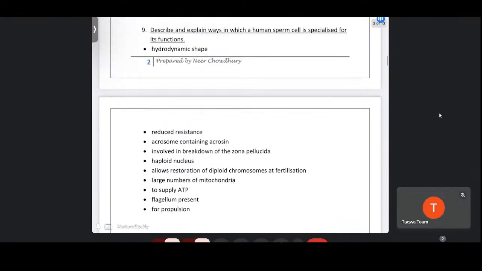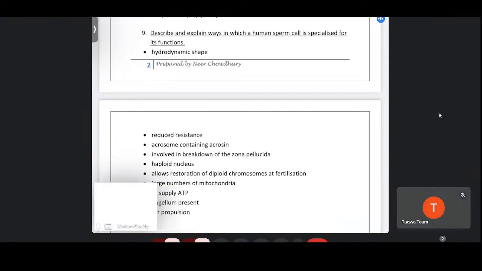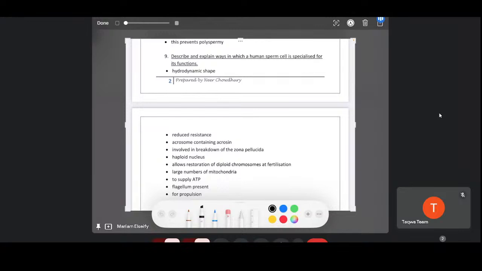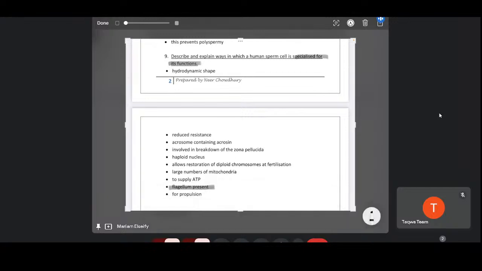So how is it specialized for its function? Basically it has a flagellum, as we said, and it has a haploid nucleus with chromosomes. It allows restoration of diploid chromosomes at fertilization since it has a haploid nucleus.